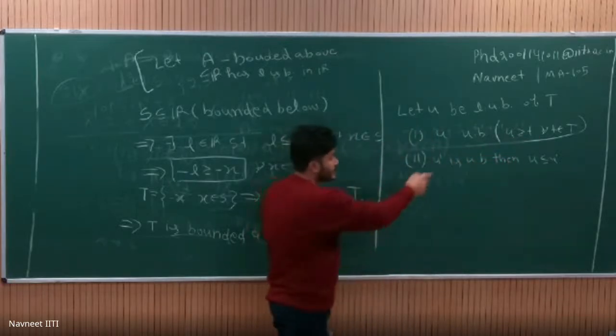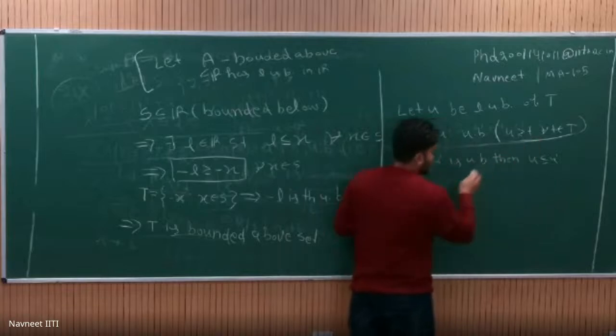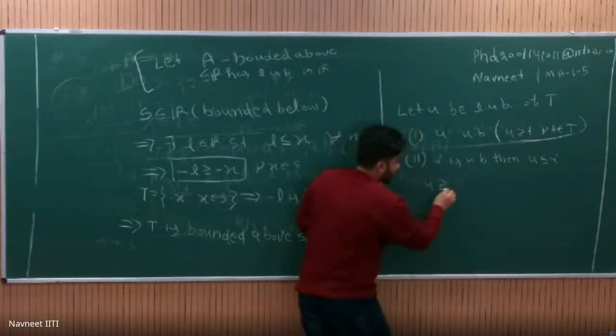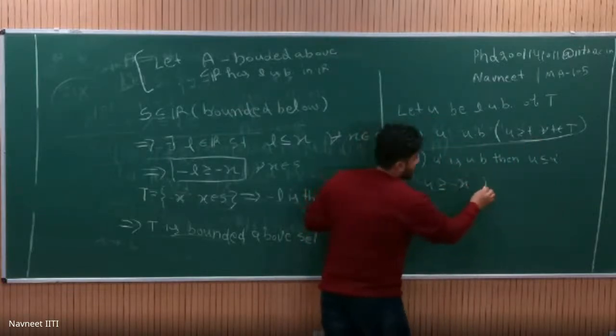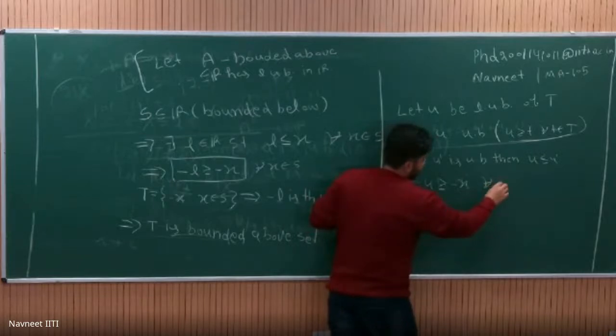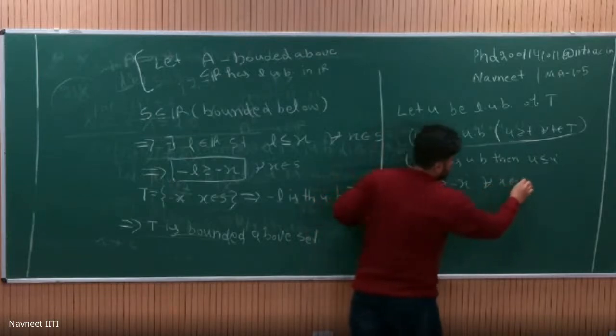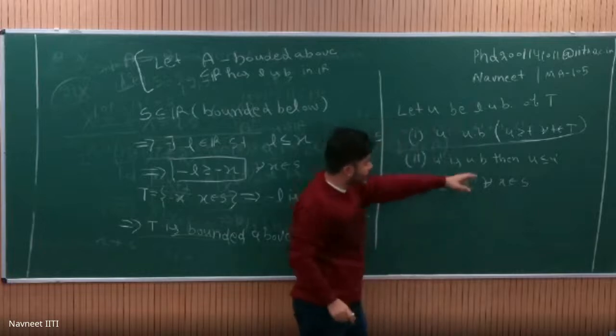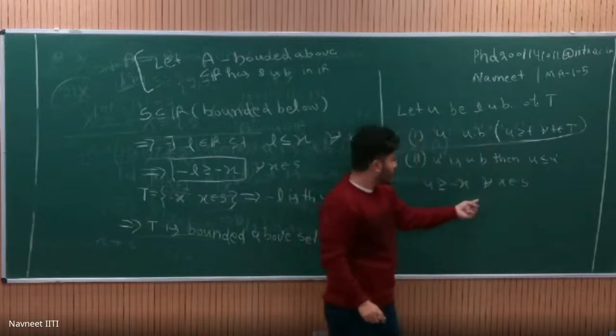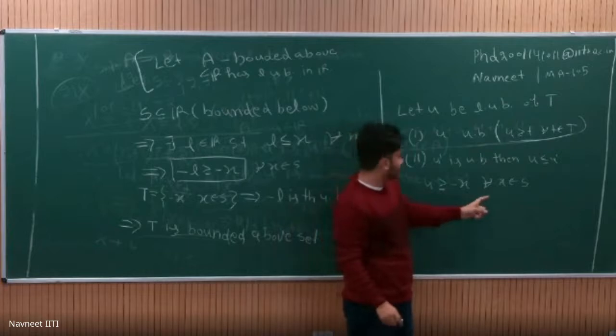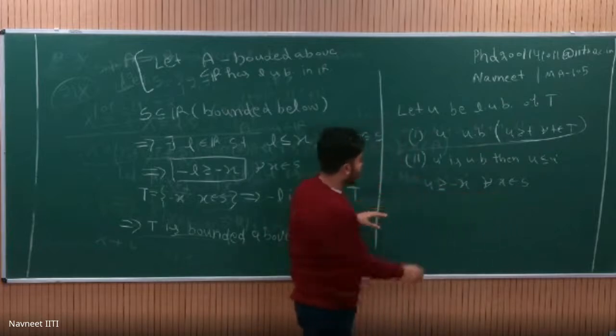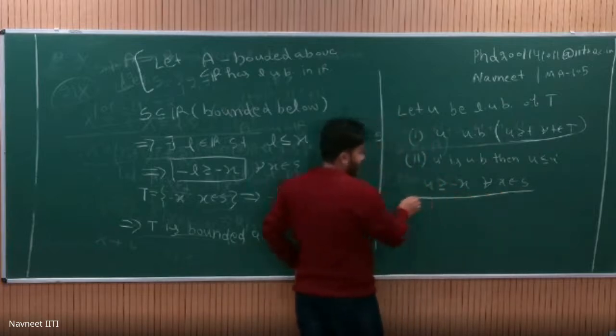This is the same as saying U must be greater than or equal to minus X for each X belonging to S, because the elements in T are of this form, minus X for X belonging to S.